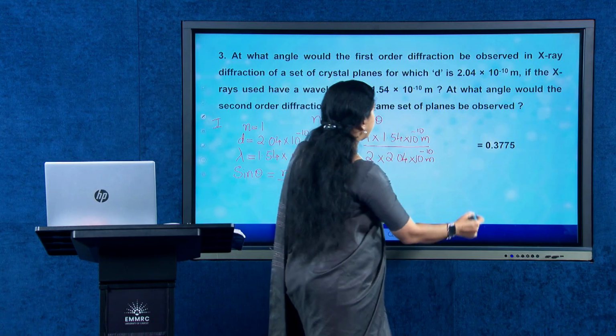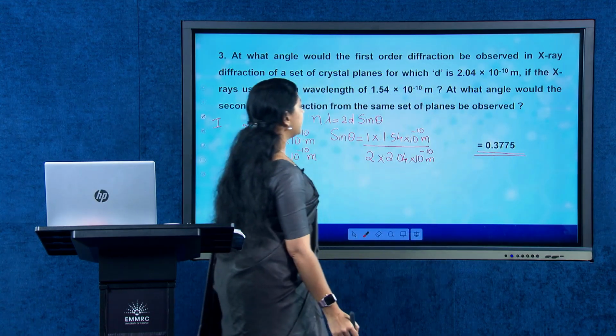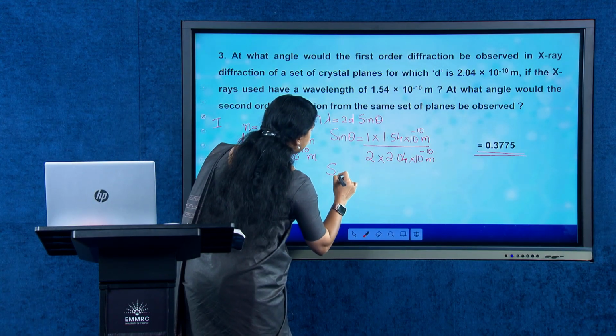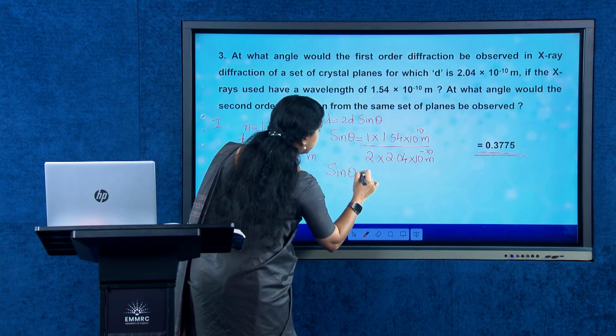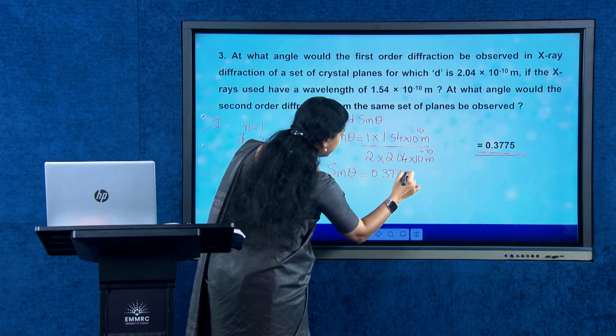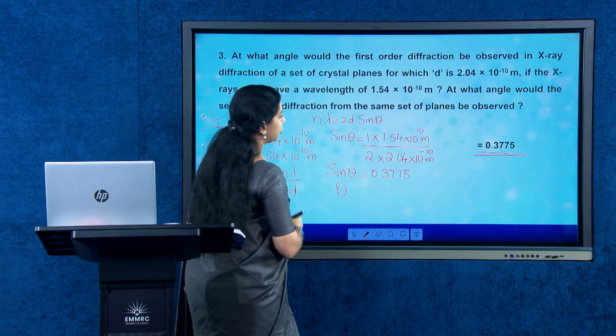So, we will get the value of sin theta as 0.3775. So, if sin theta is equal to 0.3775, from this we can find the value of theta.